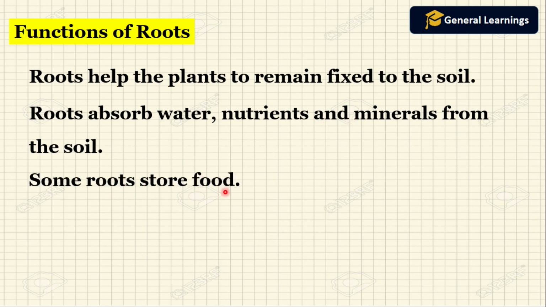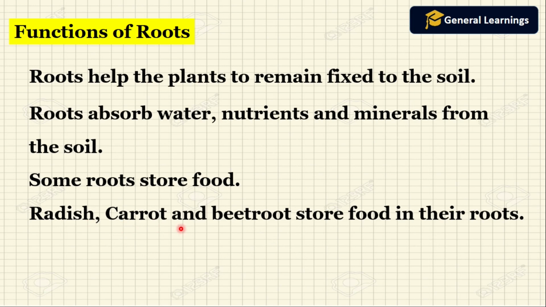Some roots store food. So these are the functions of roots. The plants such as radish, carrot and beetroot store food in their roots, so we can eat the roots of such plants.